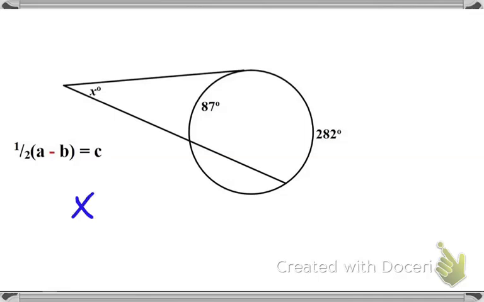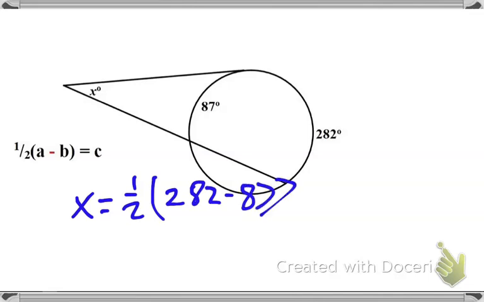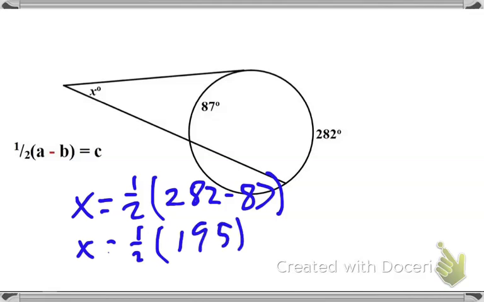So x is equal to 1/2 of 282 minus 87, which is 195, and half of that, x is equal to 97.5 degrees. Again, obviously not drawn to scale. I just throw stuff up here and make random numbers.